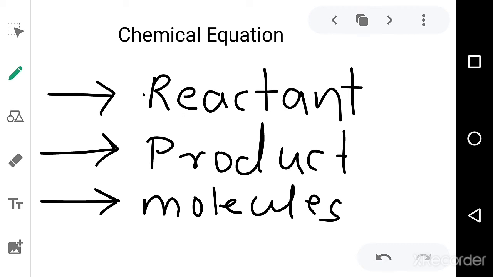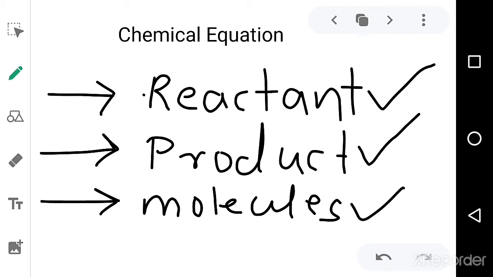So from a chemical equation we can get the information of the reactants which are participating in the reaction. We can get the information of the products which we get after the reaction, and we can get the information of the molecules of reactants and products, meaning both reactant and product in the reaction.